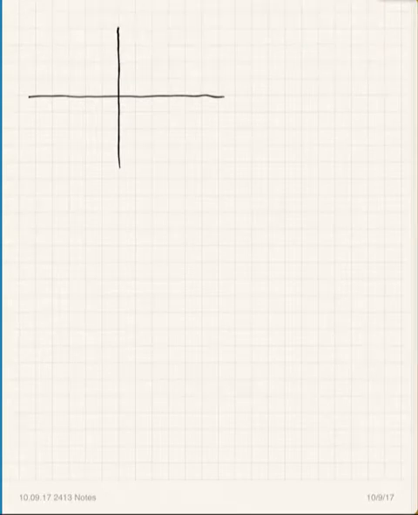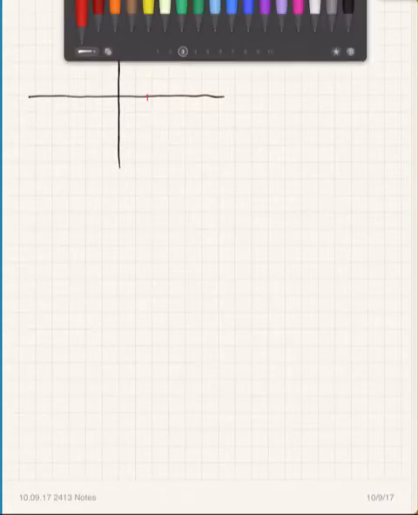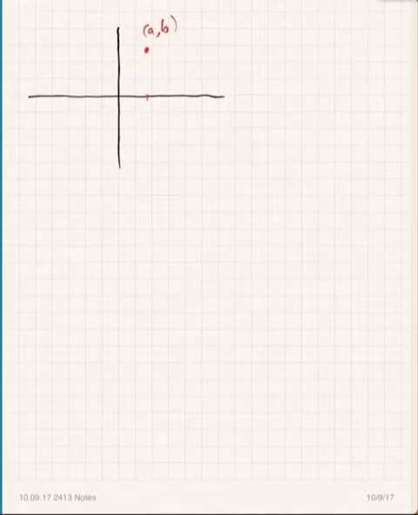All right, so let's just, first of all, look at a point. If you've got this point right here, and we'll call that point AB, and let's say that AB is on the graph of f, then when we switch that point around, that would be the point BA, which would be approximately right there.